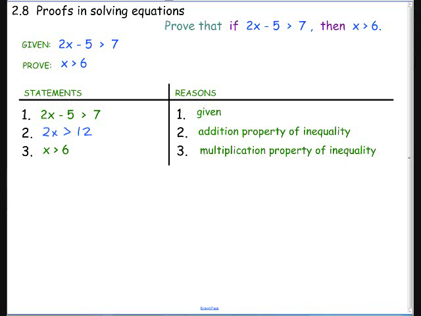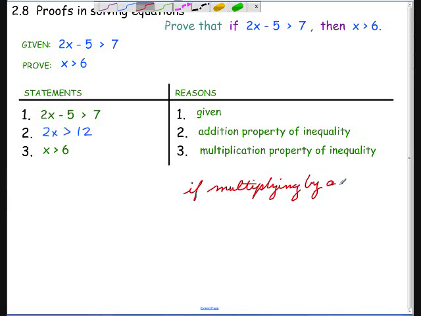Probably isn't wise to go beyond this without mentioning that if I were multiplying by a negative, I have to, if and then, right?